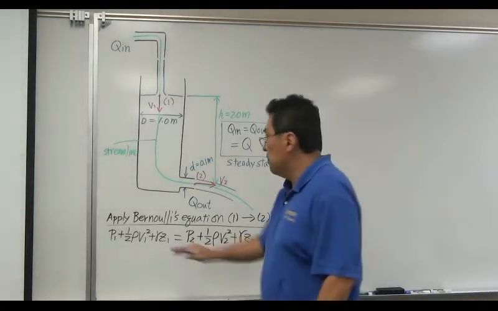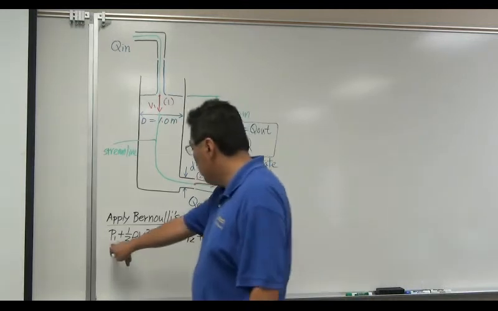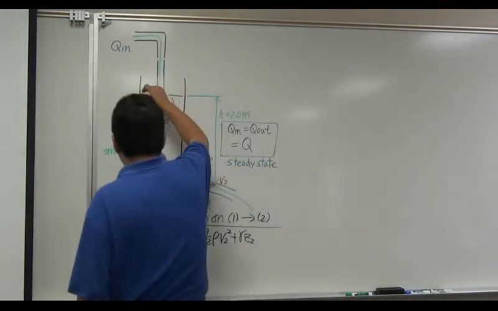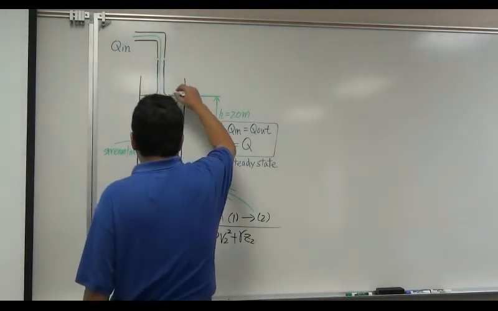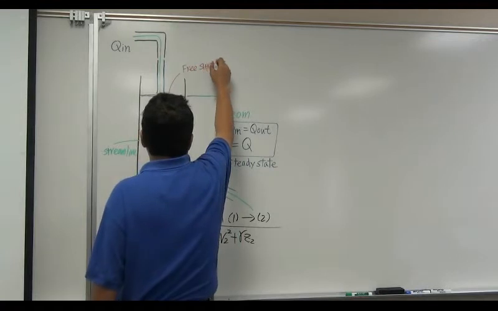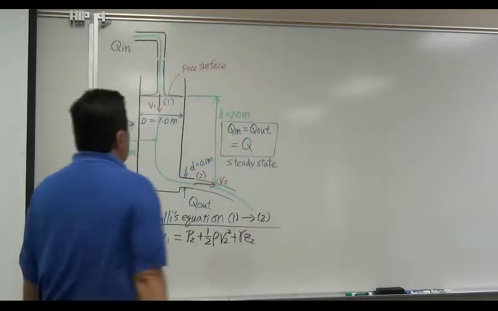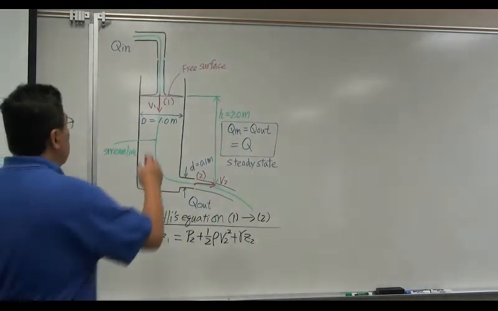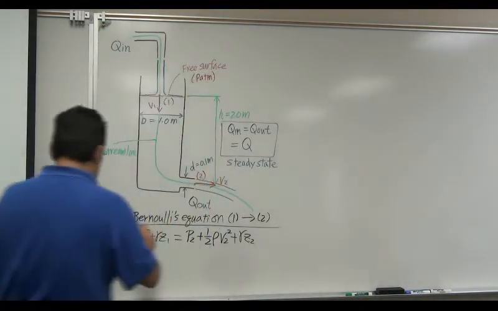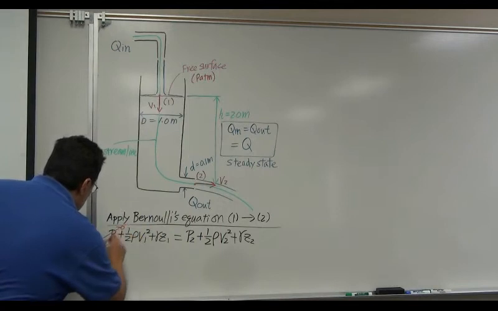Let's take a look at each term one by one. Pressure at point 1, P1. This is the surface of the water, called free surface. At the free surface, pressure is local atmospheric pressure. In other words, this is zero gauge. So zero gauge, free surface.